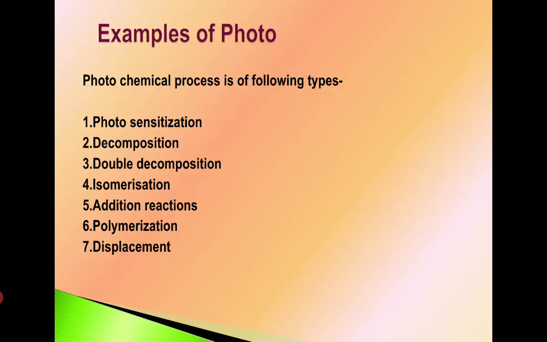Examples of photochemical processes are photosensitization, decomposition, double decomposition, isomerization, addition reactions, polymerization reactions, and displacement reactions. Let us see some examples.